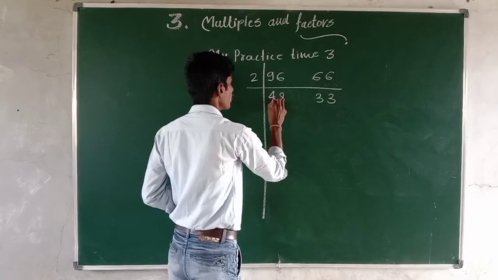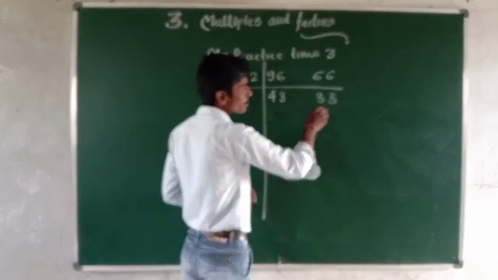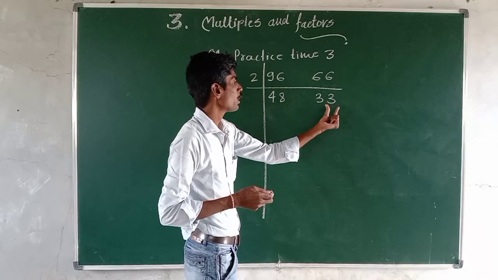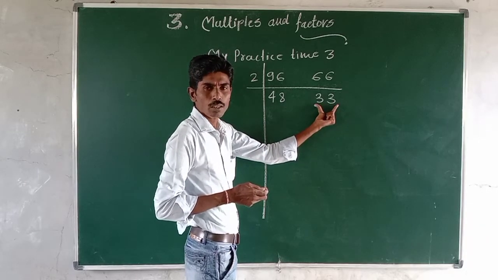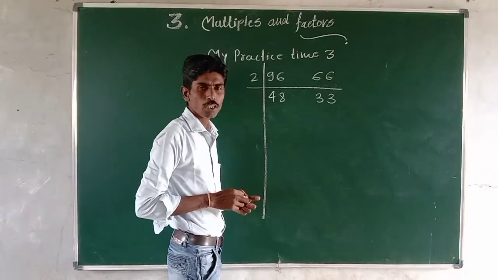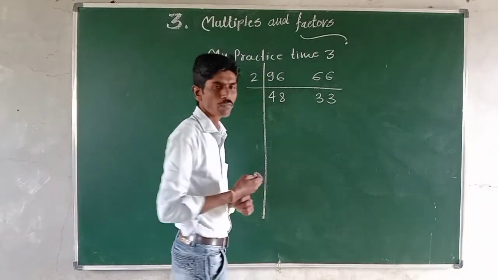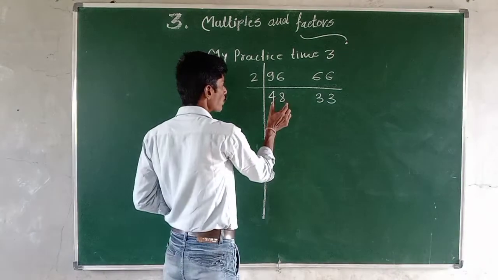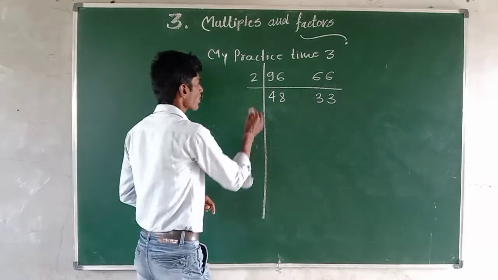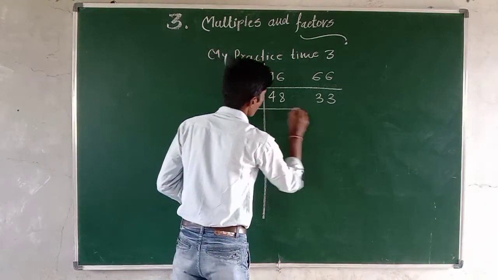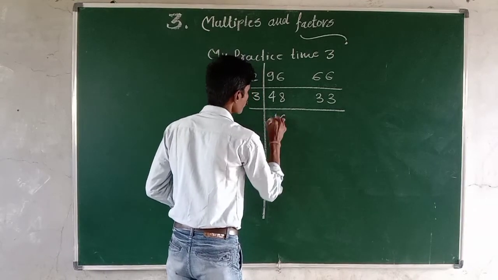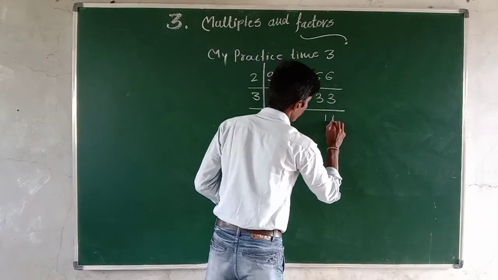Again, there is an 8, but there is no 0, 2, 4, 6 or 8 in 33, that's why we can't divide this 33 by 2. But 4 plus 8 is 12, and 3 plus 3 is 6. So 12 and 6 can be divided by 3, so we can divide by 3. Then 16 and then 11.